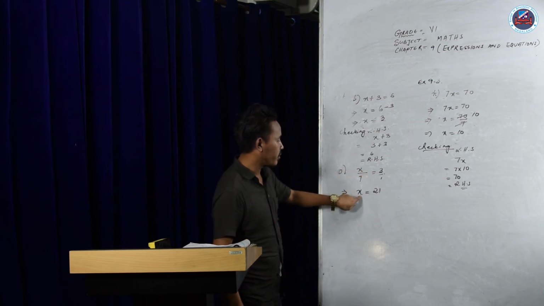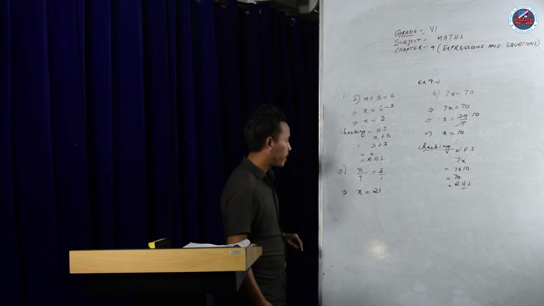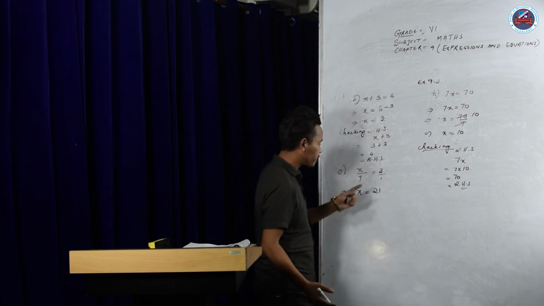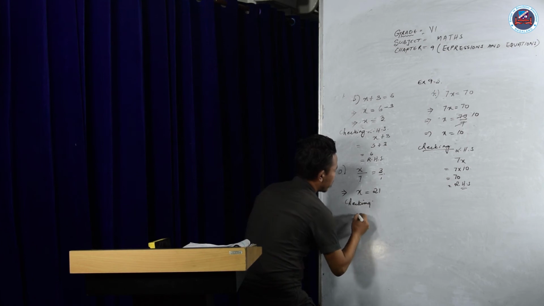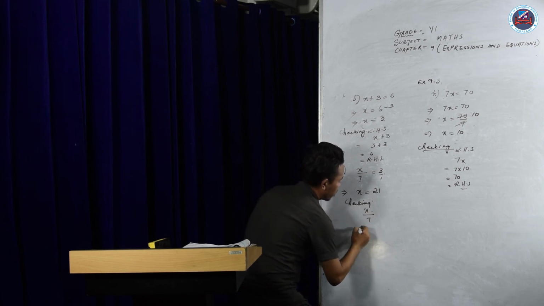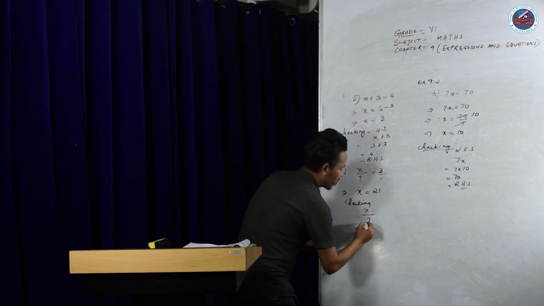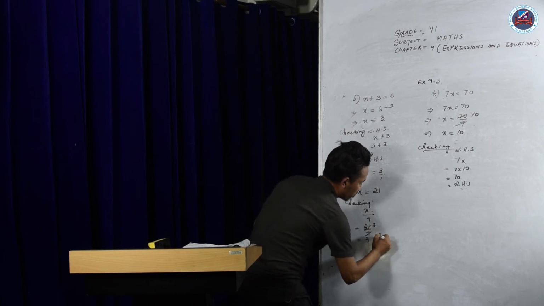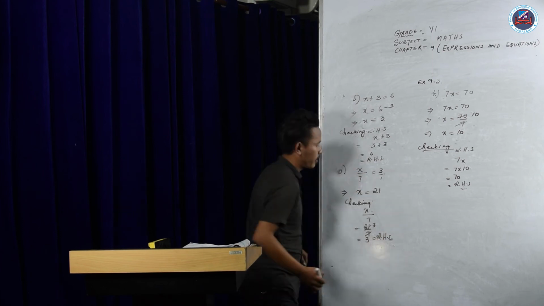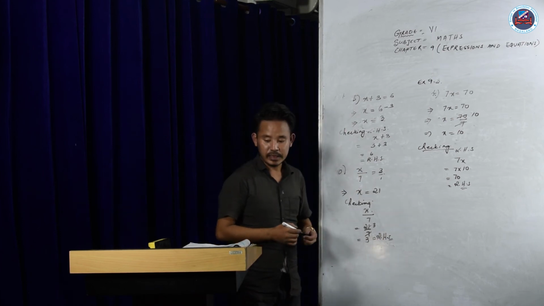When you cross multiply, we get the value of x as 21. Now, there is nothing much to do. Let's do a checking. That is, x by 7, the value of x is 21 divided by 7, which gives us 3, equal to the right hand side. Clear? So that's for question number 1.